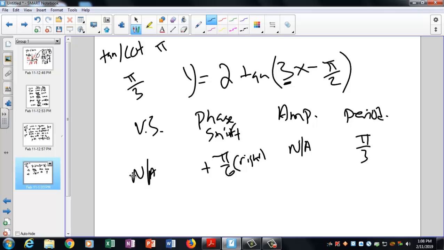If it's a fraction, you got to deal with the complex fraction. The phase shift is found by factoring out the 3, and you'll get x minus, well, if you factor out the 3, you got pi over 2 divided by 3, which is pi over 6. So that's a phase shift, pi over 6 to the right.